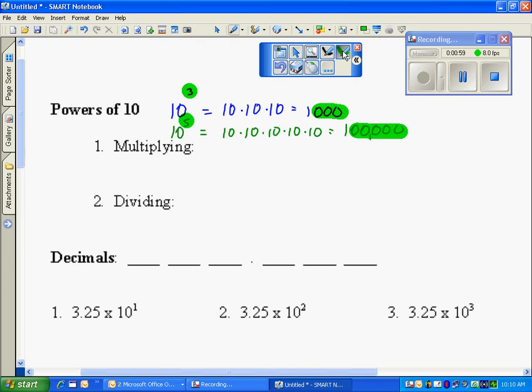So when we multiply any numbers, whether they be 10 or any other base, what it's going to do is make the number larger. So how do I make a number larger? I'm going to move a decimal to the right.